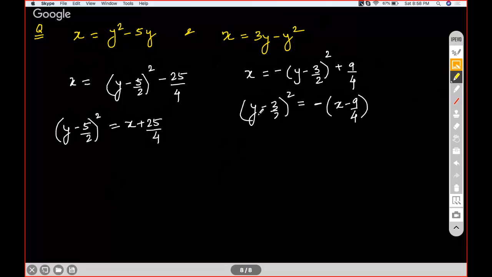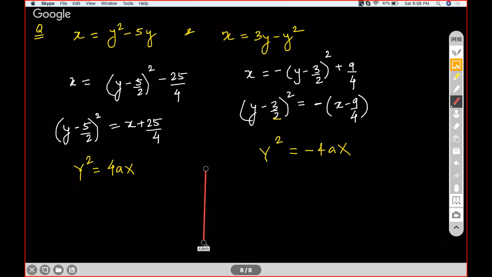Now this belongs to this species. So why do we complete the square? Because then I know the orientation of these parabolas. Y minus and x plus or x minus signifies the shifting of the vertex. Let me show you how it works.